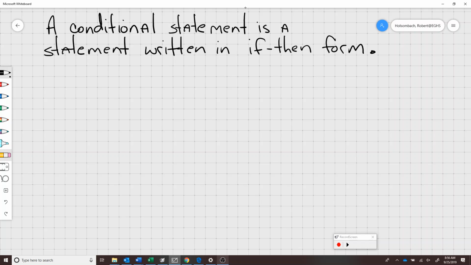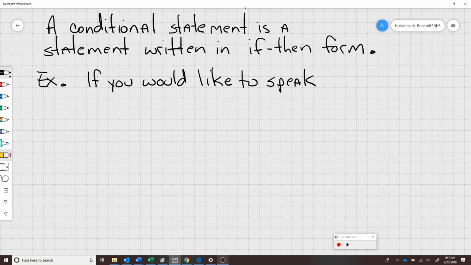An example. If you would like to speak to a representative, then you will press 0 now.